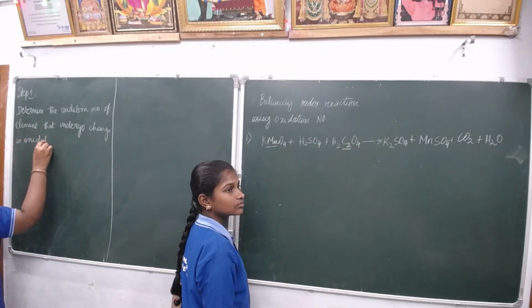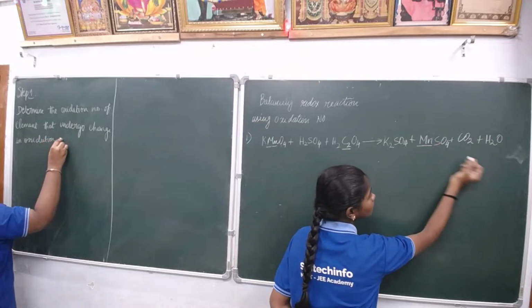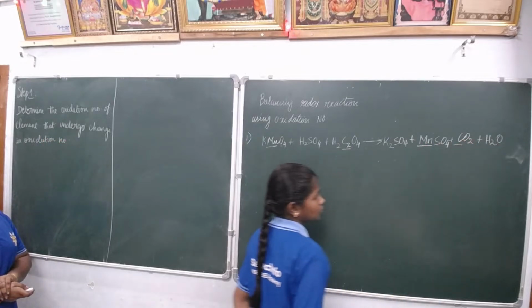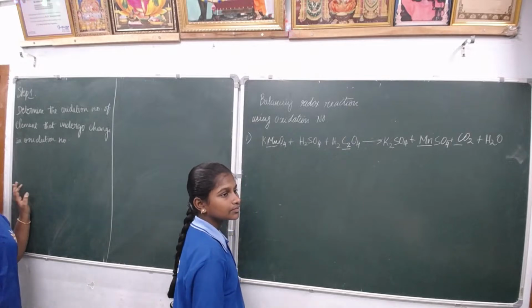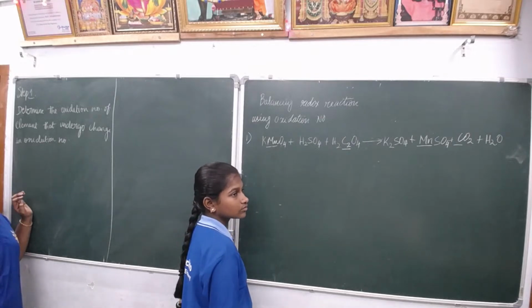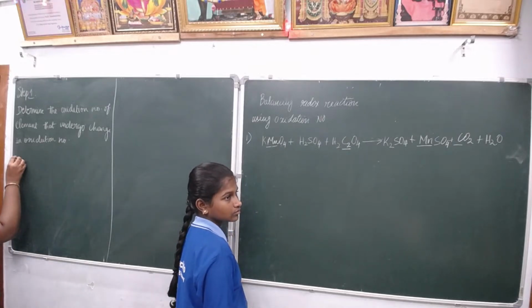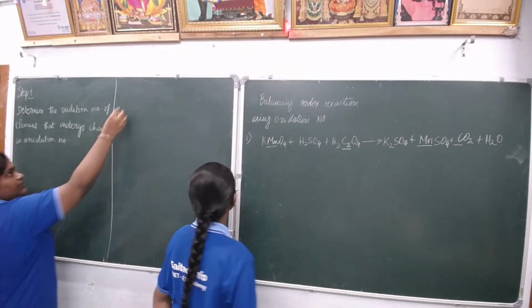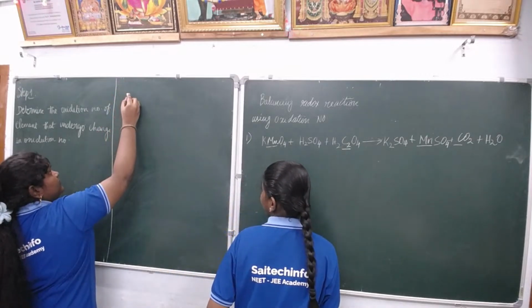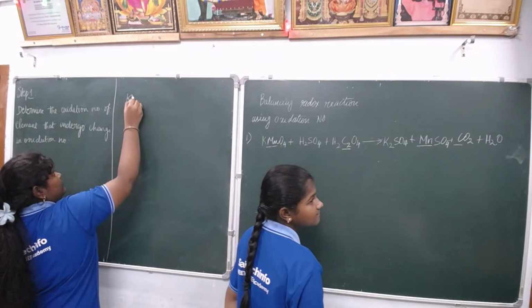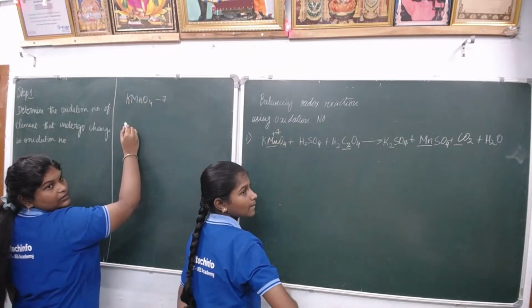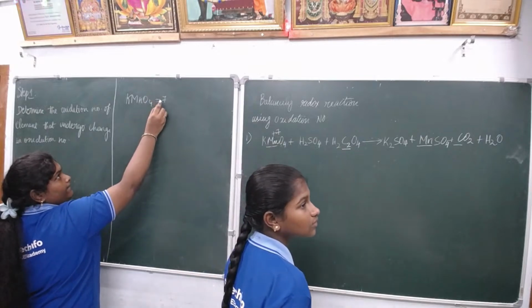Now I have identified the elements undergoing change in oxidation number, for which we had to find out the oxidation number. So can you write down the oxidation number of manganese in KMnO4? We already did. What is that? 7. You can put here plus 7. And can you determine the oxidation number, Priya try, for carbon in oxalic acid?